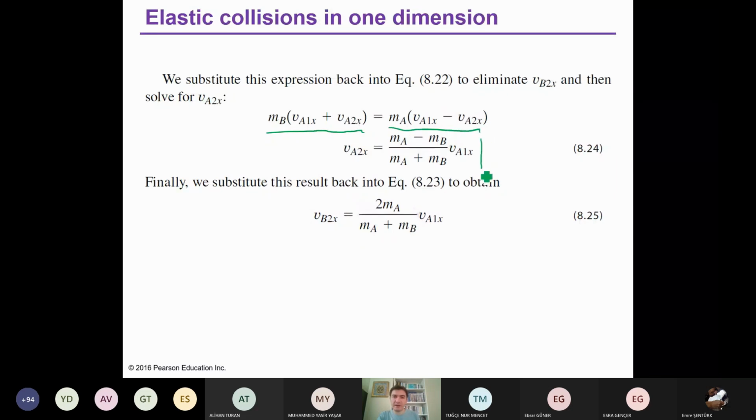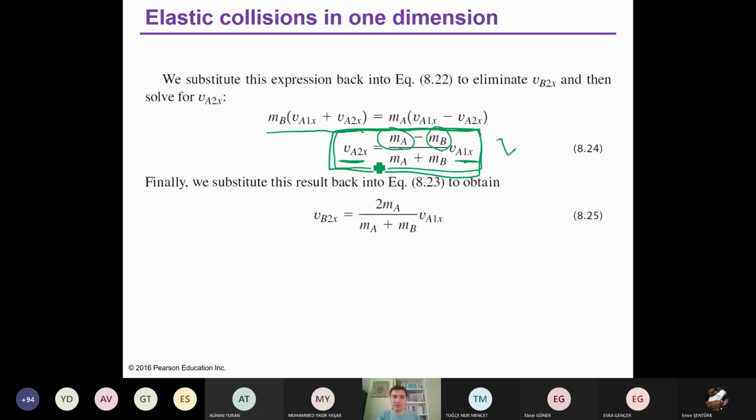And then I can get this expression for the final velocity of the A ball. What do you see here? This final velocity of the A ball depends on the initial velocity and mass of the A ball and the mass of the B ball. Okay, now I have an expression for the final velocity of the A ball.